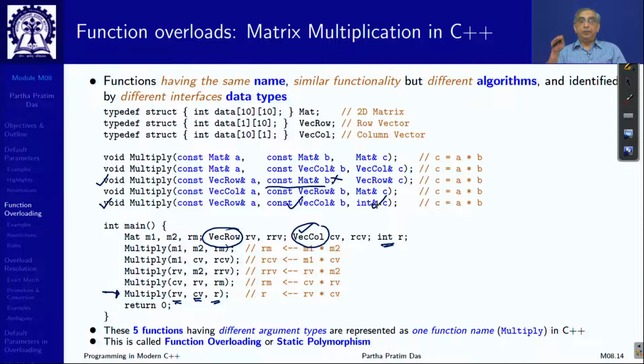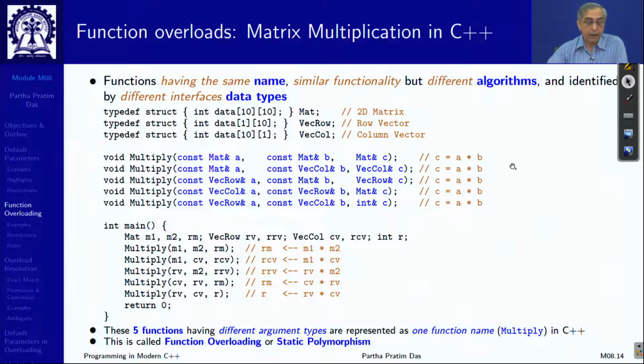Why static polymorphism? Polymorphism means poly means many, morph means change, forms. So, polymorphism refers to the fact that you have something which is in multiple forms, but common. So, these are polymorphic. And why is it static? Because the compiler itself can find out what is the right function to bind to. Right? So, that is a basic point you make here. Okay.